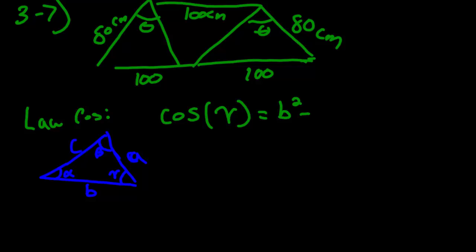B squared minus, hold up, I gotta look at the book for this. Squared B squared. Yeah, you could rewrite it as this, yeah, exactly. Like write in white.